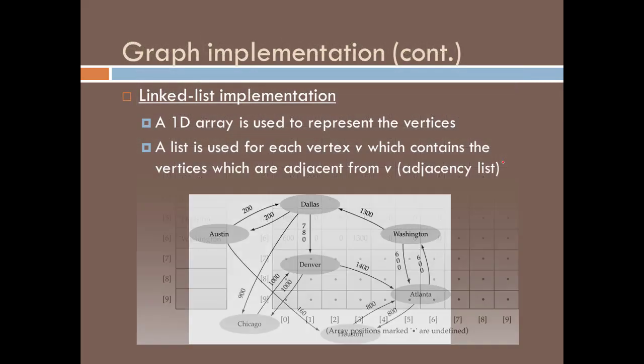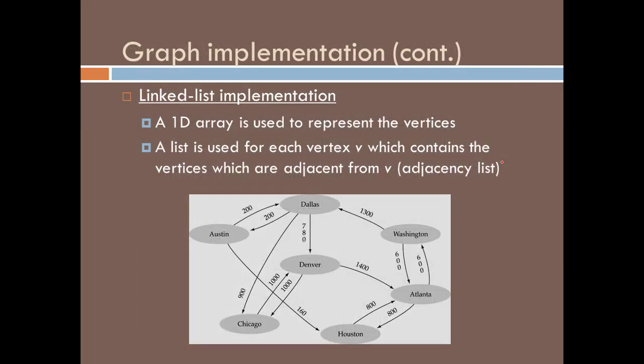Alright. The second implementation could be the linked list implementation. A 1D array is used to represent the vertices. A list is used for each vertex V which contains the vertices adjacent from V, that is the adjacency list. Now keep this graph in mind again.